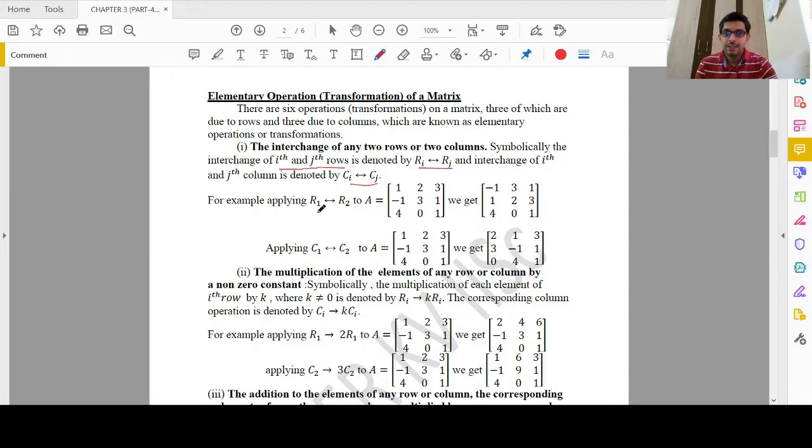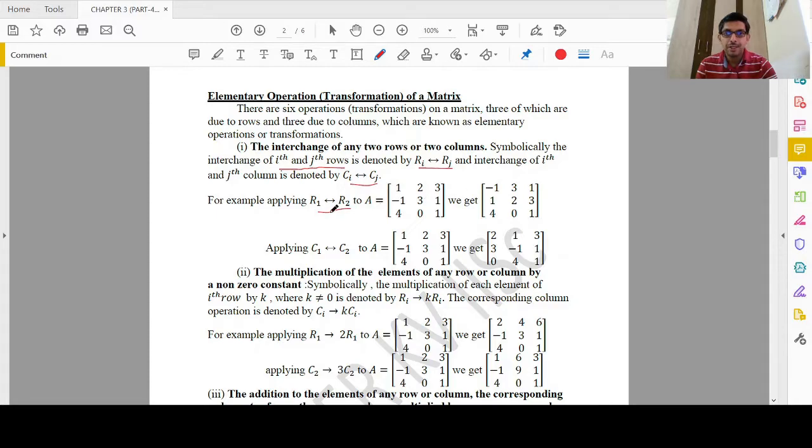For example, suppose we interchange first and second row of the matrix A. Once we apply R1 interchanges with R2, we will get a matrix in which the first row in A becomes the second row and the second row in A becomes the first row.